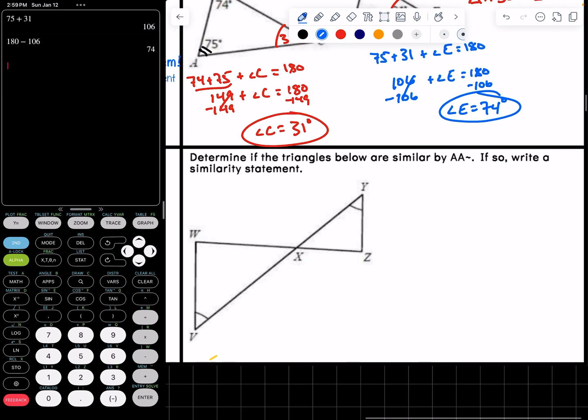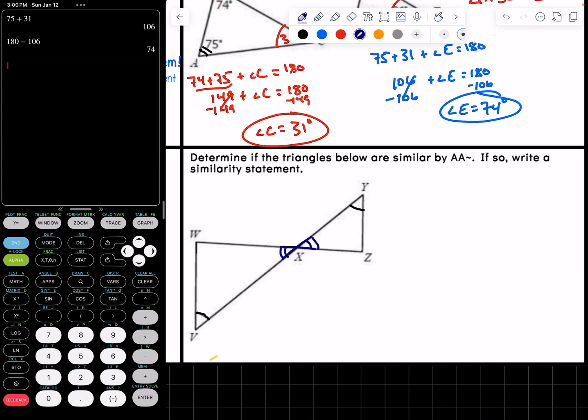Down here at the bottom, determine if the triangles below are similar by angle-angle similarity, and if so, write the similarity statement. We already know that angle V and angle Y are congruent to each other because that was given to us. And I can skip a couple steps because if we remember, we've talked about vertical angles all year long, but angle WXV and angle YXZ are congruent by vertical angles.